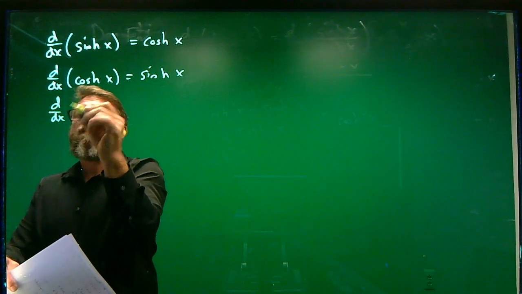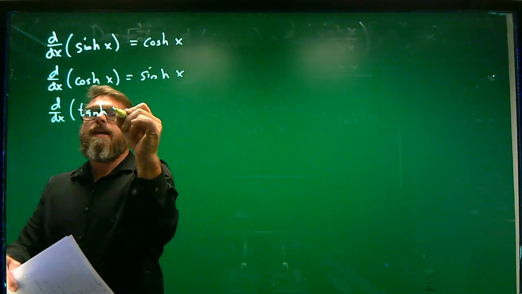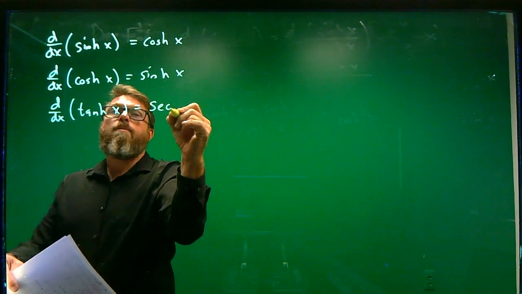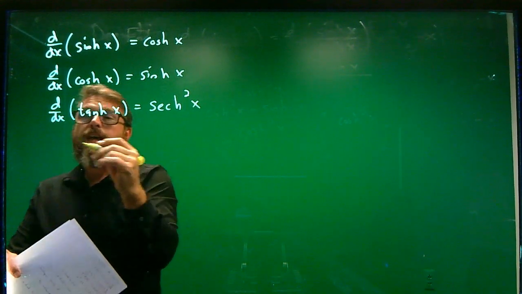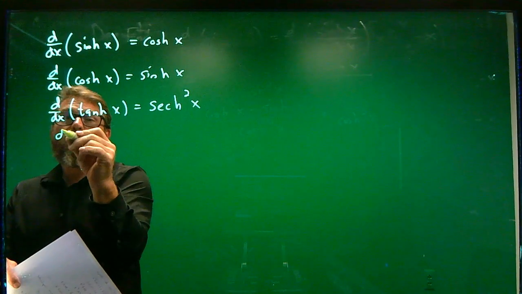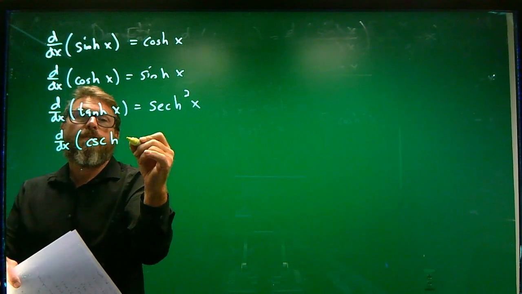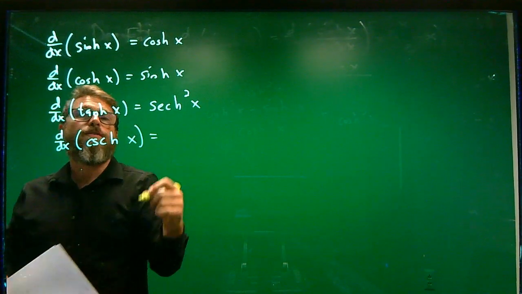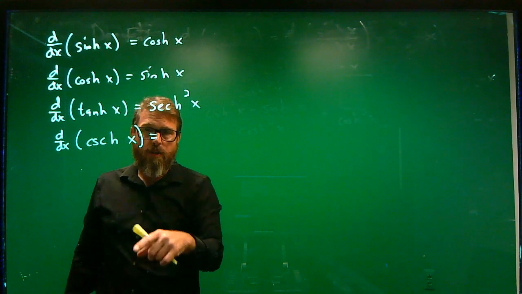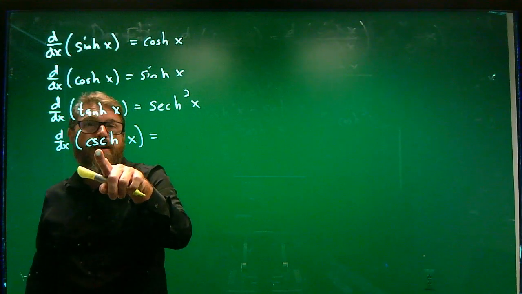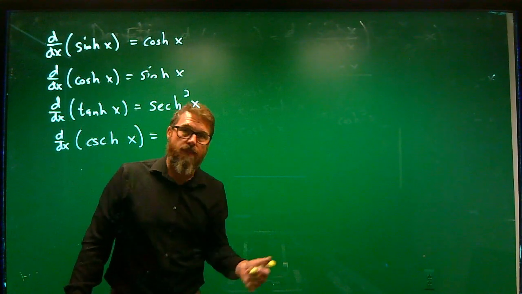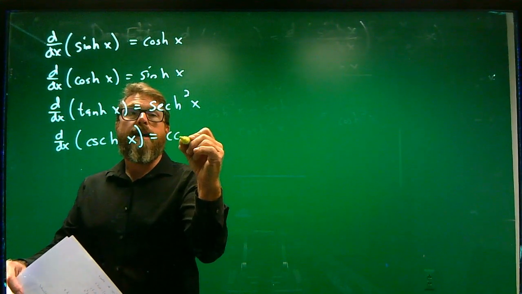The derivative of the hyperbolic tangent of x is the hyperbolic secant squared of x. Similarly, for the derivative of the hyperbolic cosecant of x: if this was trig functions, the derivative of the cosecant of x is negative cosecant of x cotangent of x, but there won't be any negative sign change here.